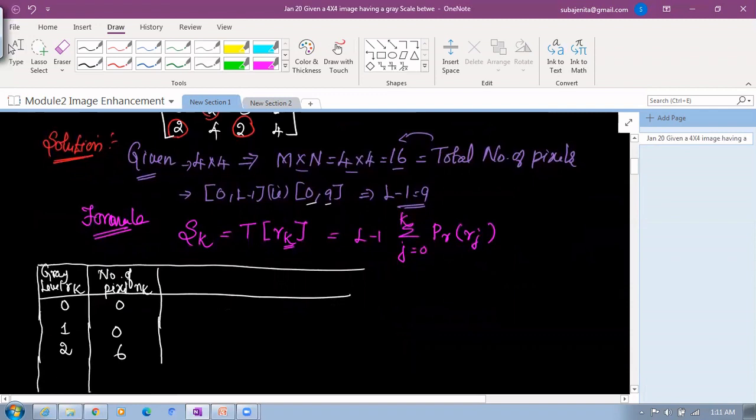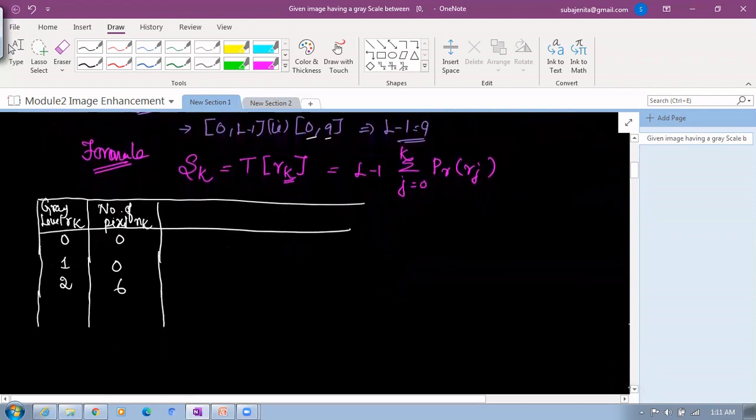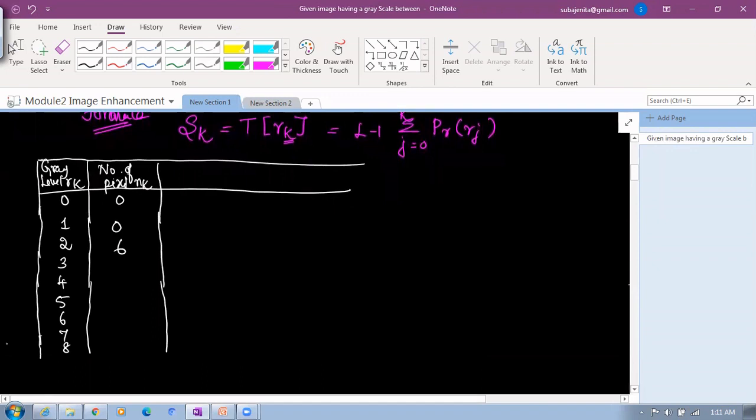Let us check for intensity level 3, 4, 5, 6 and so on, up to 9.